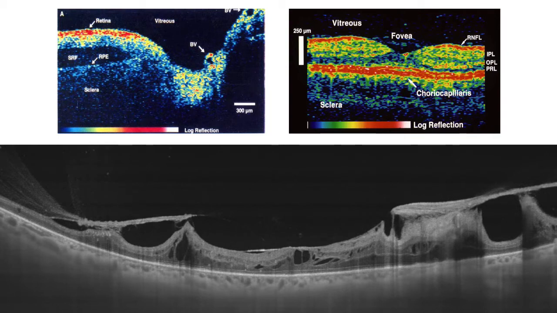And let's go back to the OCT, and now we go back to 1991. The first image on the top left showed the first OCT generated in vitro and published in 1991.